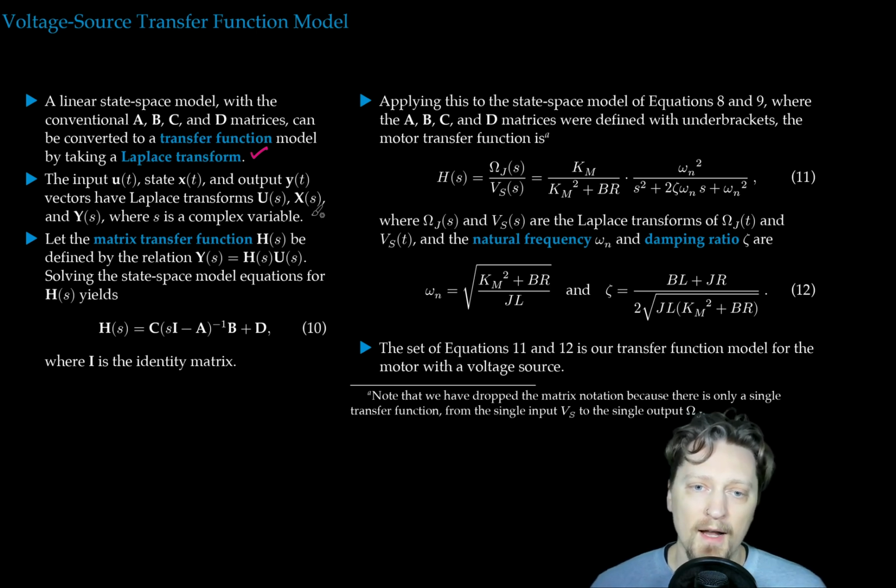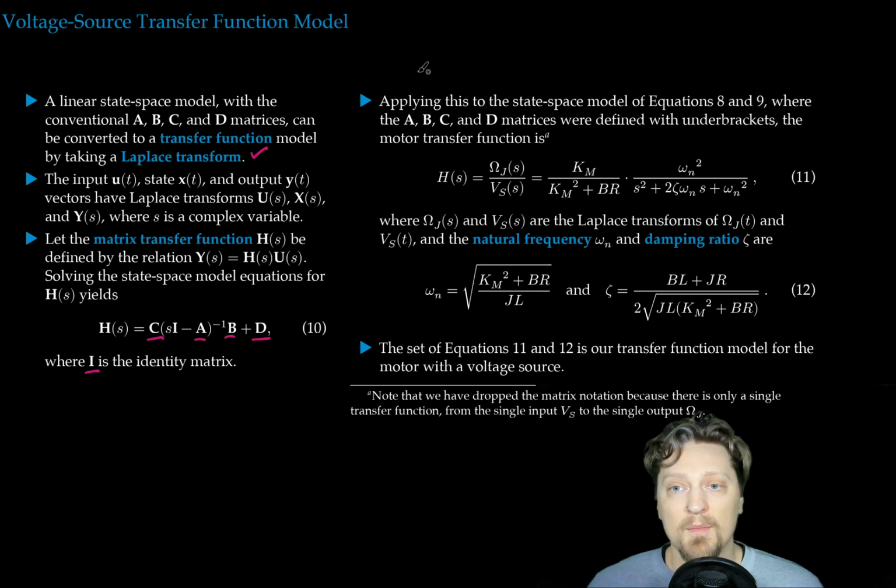Let the matrix transfer function H of S be defined by the relation Y of S equals H of S U of S. Solving the state space model equations for H of S yields equation 10 as the solution, expressed in terms of the A, B, C, and D state equation and output equation matrices, and the identity matrix I.